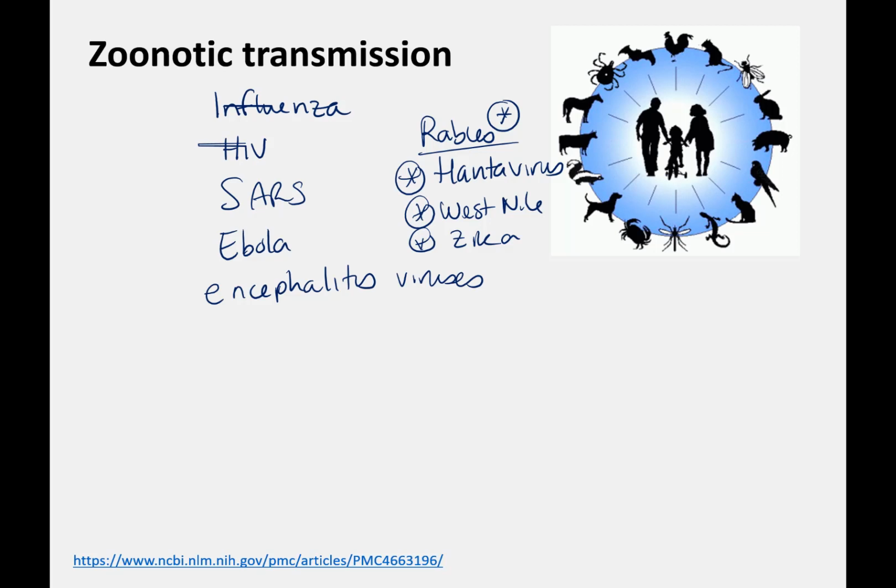And again, the issue is globalization, so more people, more chances for contact, deforestation, and all this stuff I'm talking about is from this reference, right? We're pushing animals out of their climate or their habitat, and so we're encountering them more often.